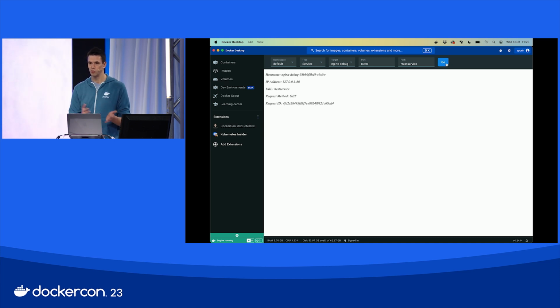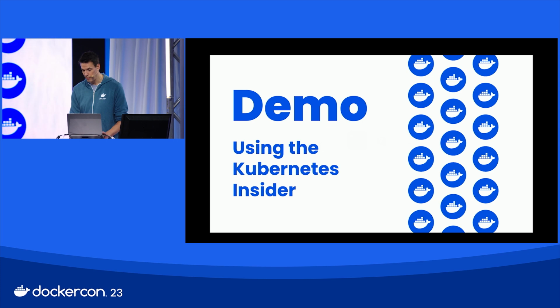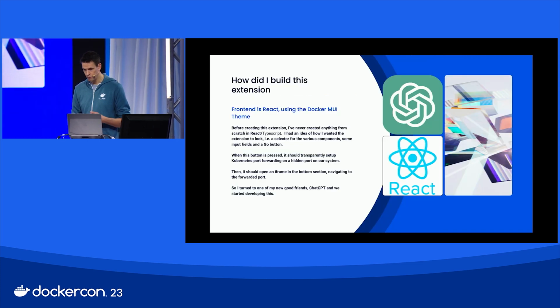You can just choose this in the menu and easily access it. So that's the summary of the extension, and we now get on to the realms of how I built this.